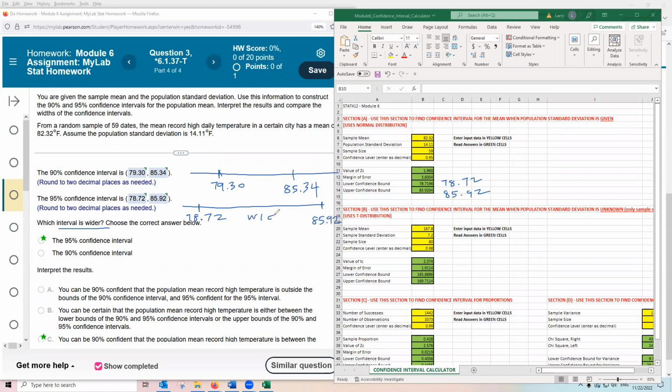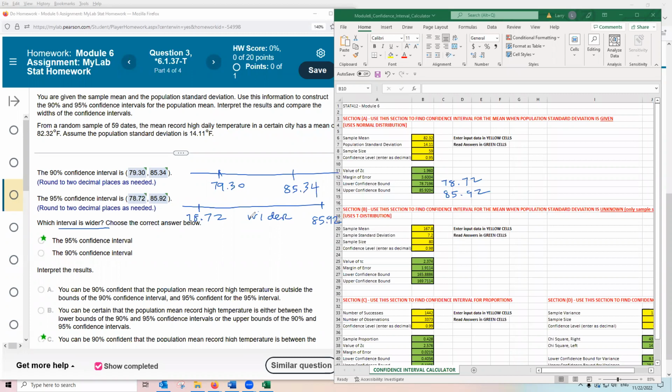So I can see this 95% confidence interval is wider. And it turns out as you increase the confidence level from 90 to 95 to 99%, the confidence interval is going to get wider, because the wider the interval, the more confidence you have that the true population mean is going to fall within that interval.